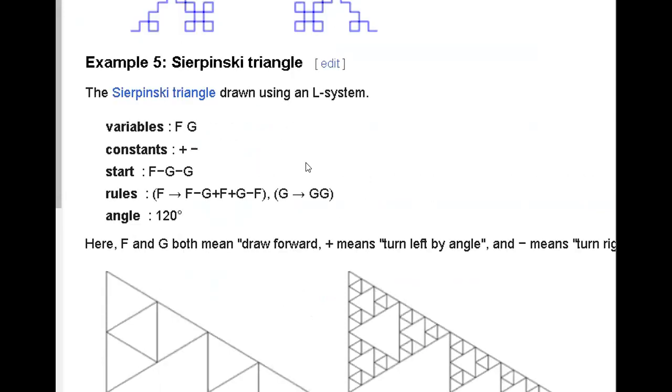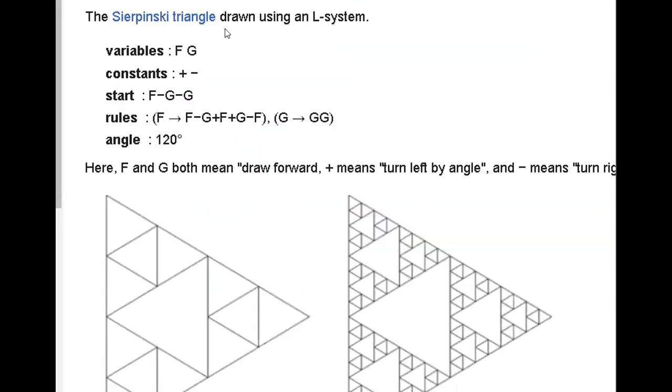You have four characters in your alphabet, and two of them are variables, and two of them are constants. This is your initial word, and because we have two variables, we have two rules.